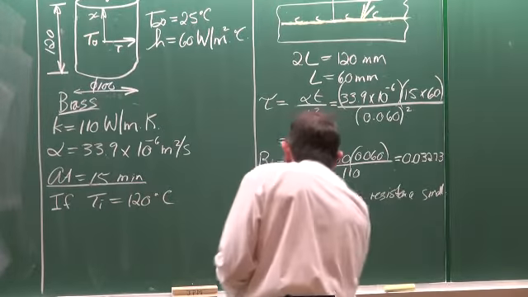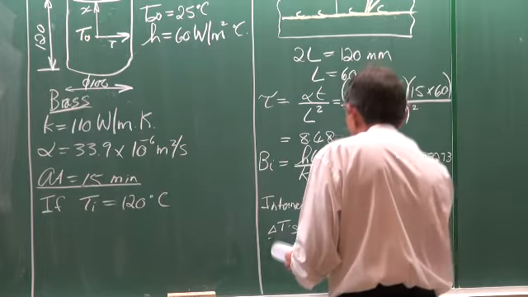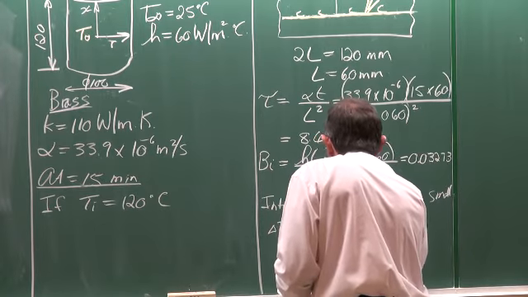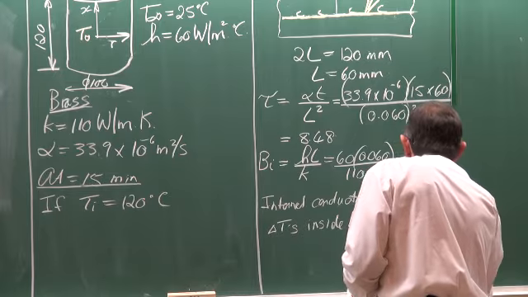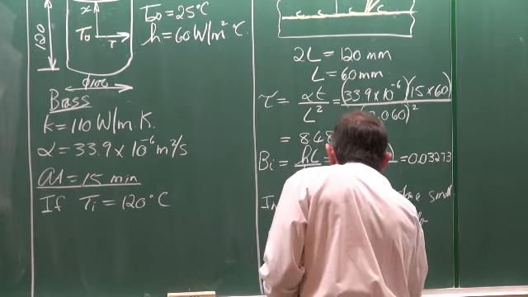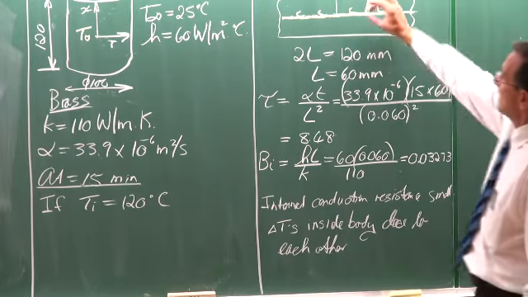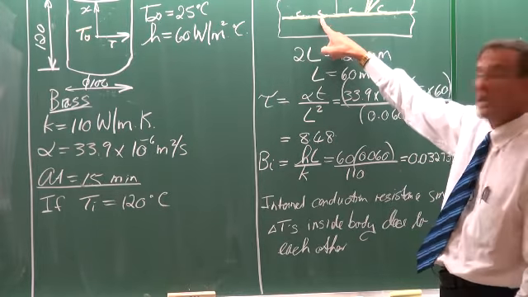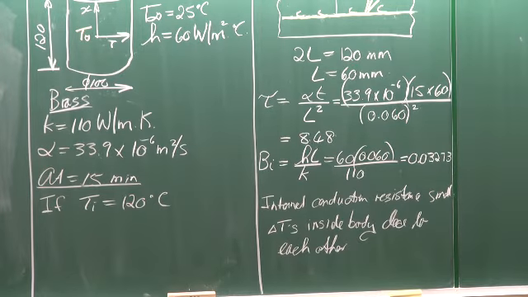So it means that all the delta T's inside the body should be close to each other. So it tells us that if we calculate a temperature there and there, then the temperature differences are not going to be large. It's going to be small.